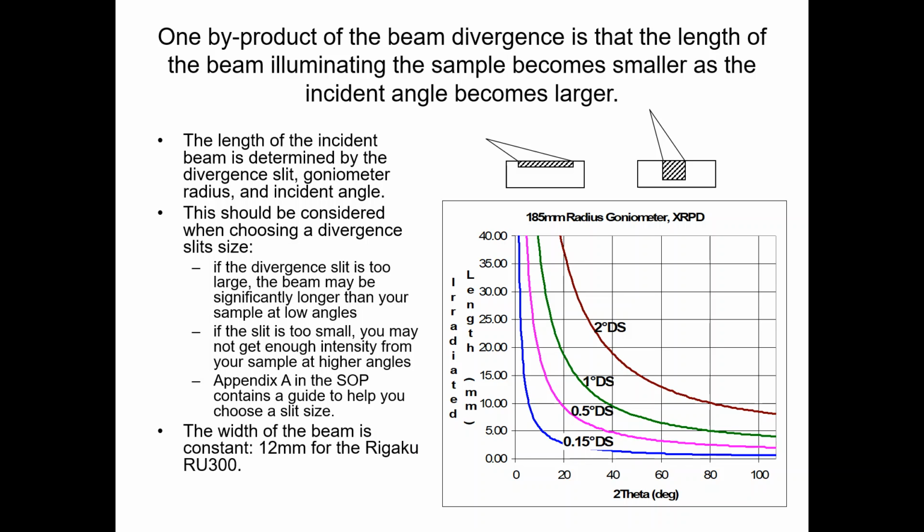The width of the beam is constant. It is 12 millimeters for the Rigaku RU300. I mean, if you have Rigaku diffractometers, the width of the beam is 12 mm.